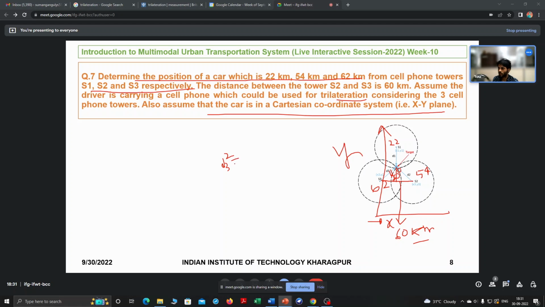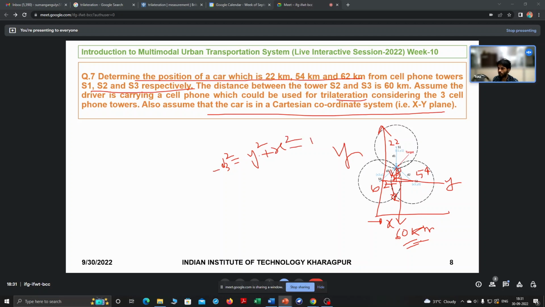D3 square is equal to the perpendicular square plus the base square. If this is y, this is y square, and if this value is x, only up to this, and the total value is 60, then base squared plus perpendicular squared is equal to D3 squared.